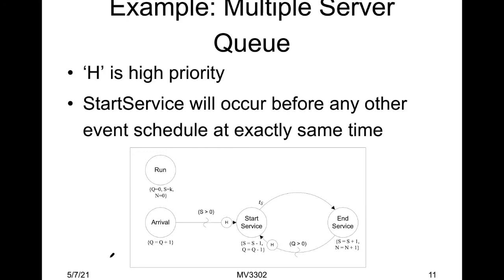Again, discrete distributions are typically discouraged for this because continuous distributions tend to work better, but every now and then there's the other thing. And the thing to remember is that this priority only applies as a tiebreaker for events that are scheduled at exactly the same time.